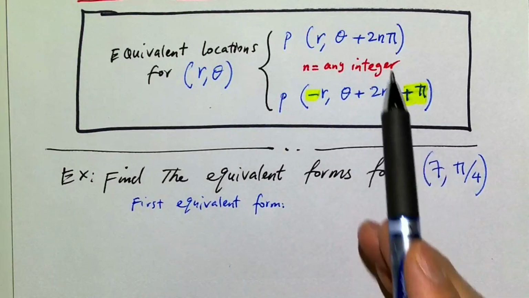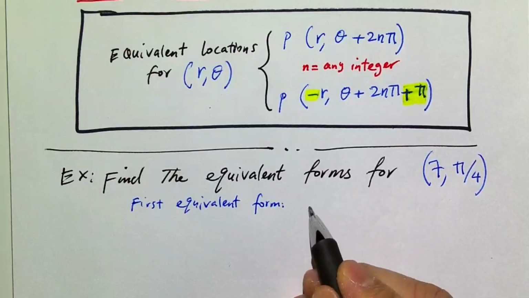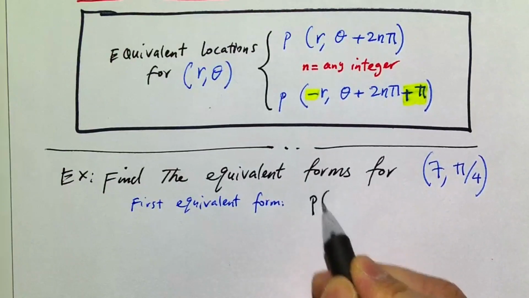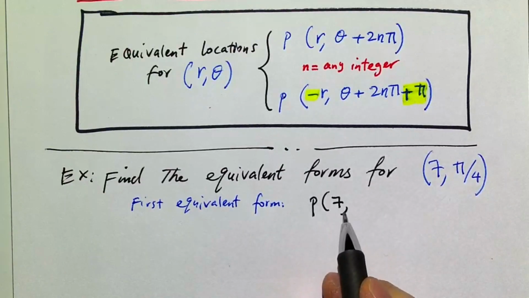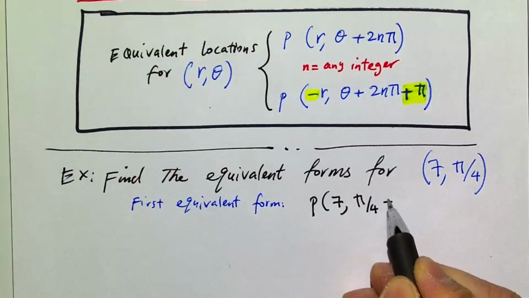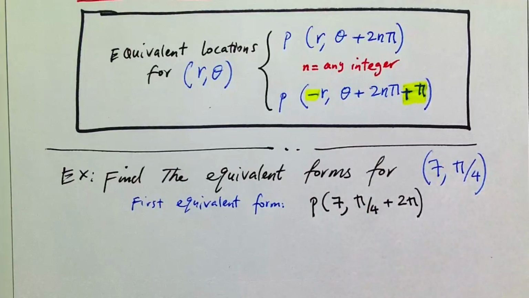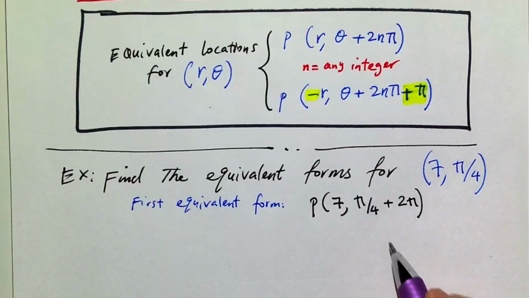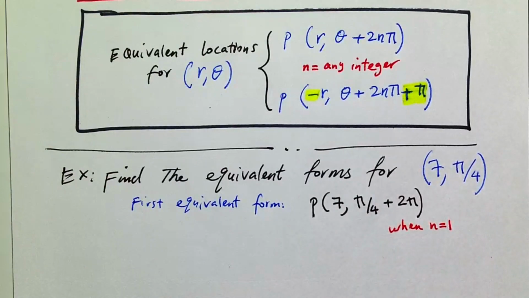You could pick n being 2 or 3. You could pick any integer, but I'm just picking the easiest one. So one equivalent form would be a point that has r equals 7, and then pi over 4 plus 2 pi when n equals 1.